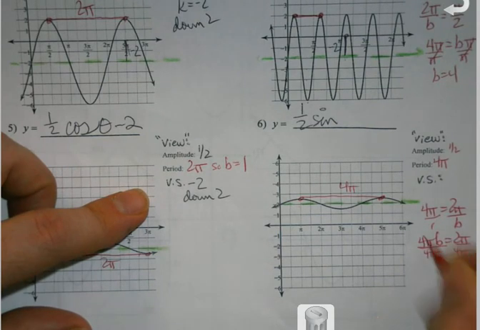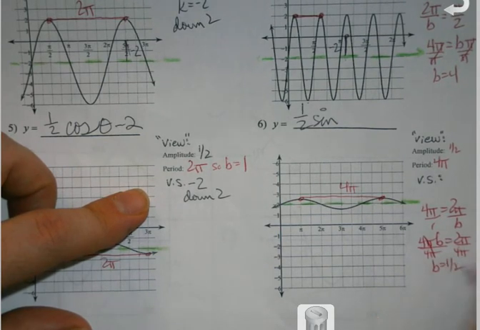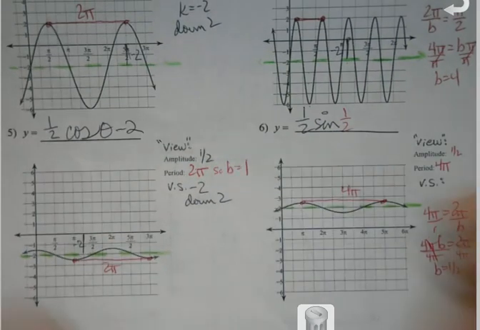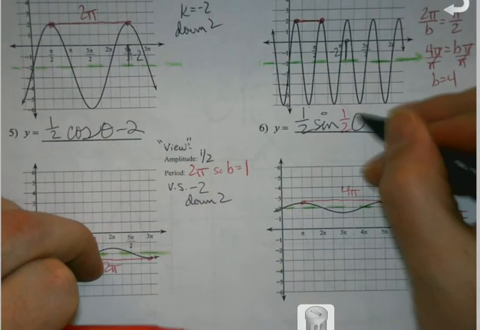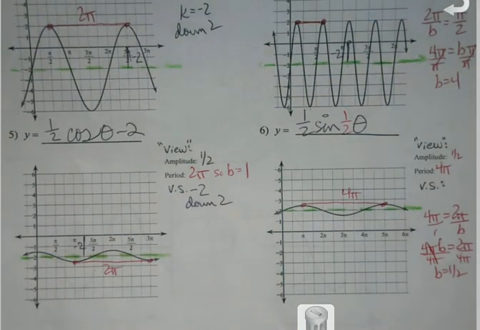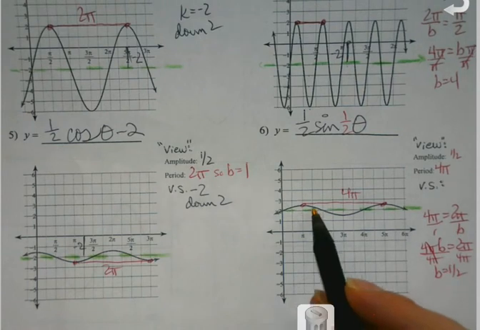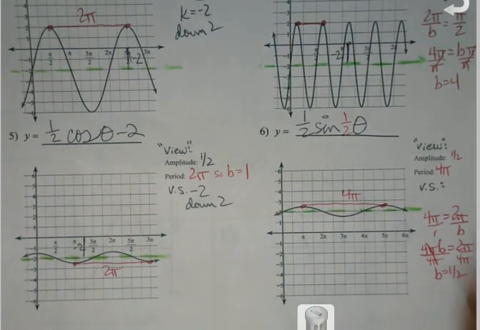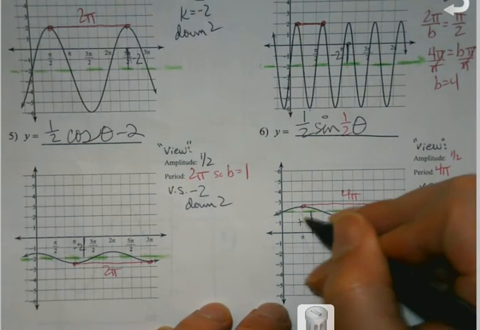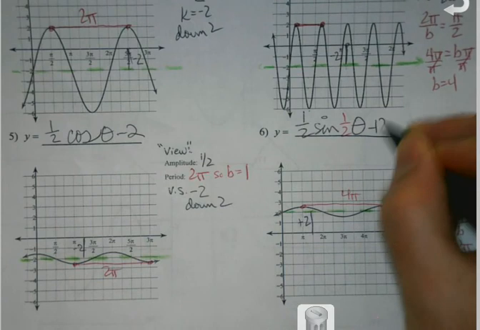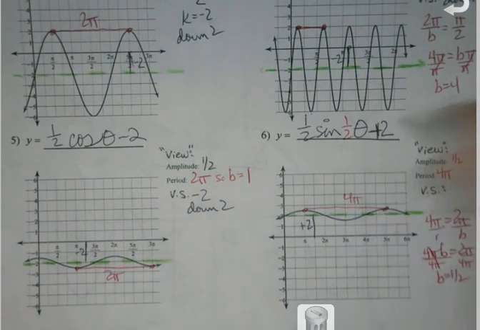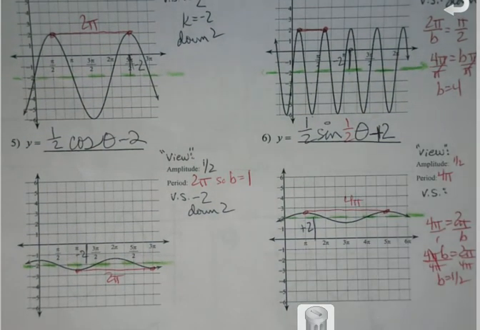And we find out that b is 1/2. Check out all the fractions. And then to get from my new center line back to my base one, I went up 2, so plus 2. And that gets me to my value.